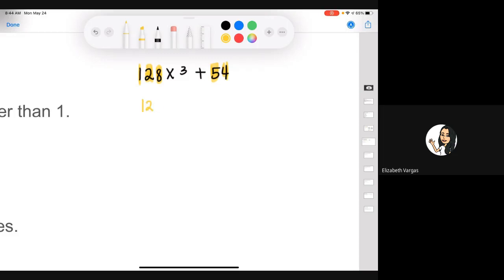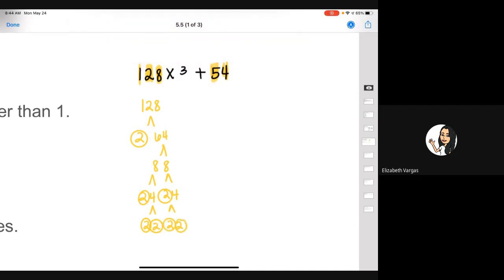I'm factoring my original expression out to the smallest primes. This is a prime number, this is a prime number, this one, this one, and this one.